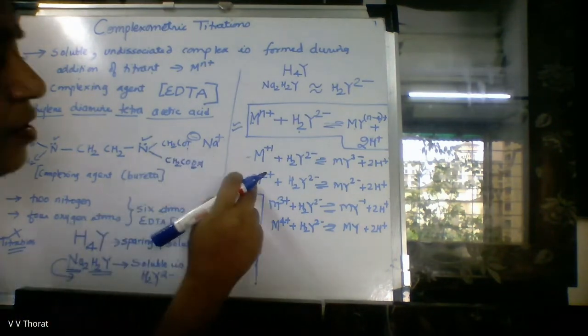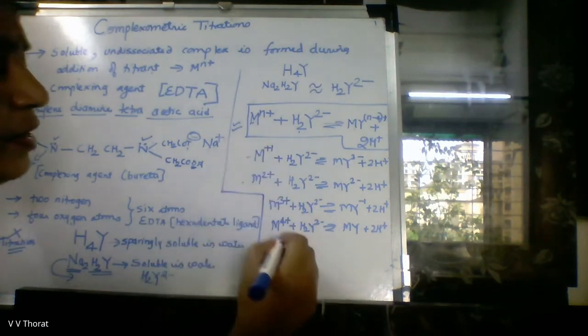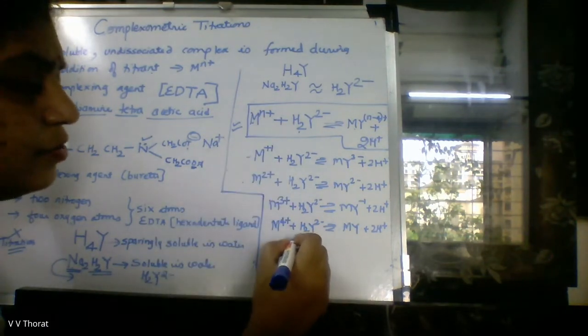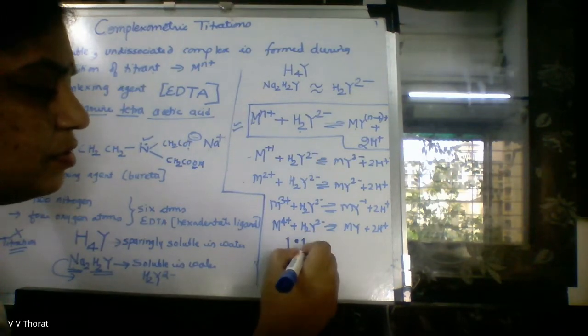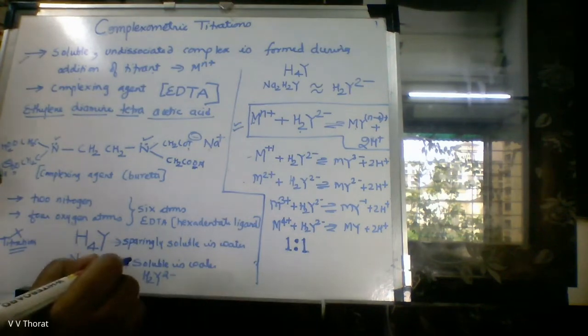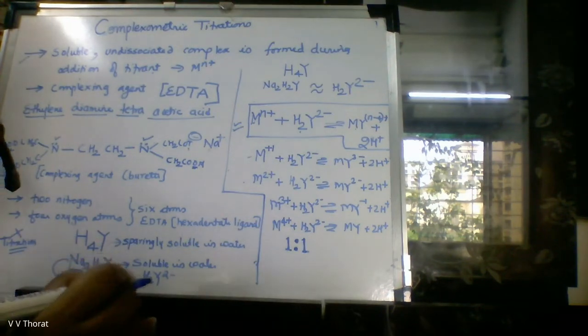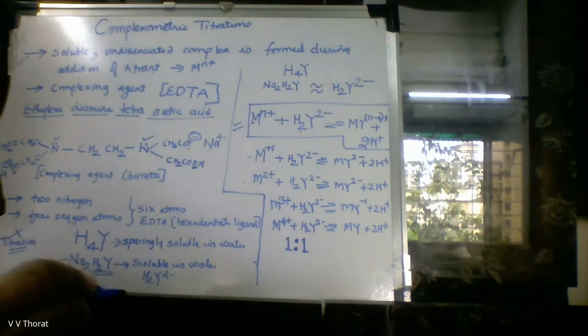If you see, even with divalent, trivalent, hexavalent, EDTA reacts in the ratio of 1:1. See, NaOH और सल्फ्यूरिक में लिखा तो कैसे रिएक्शन है? 2NaOH plus 1 sulfuric. HCl with NaOH 1:1.